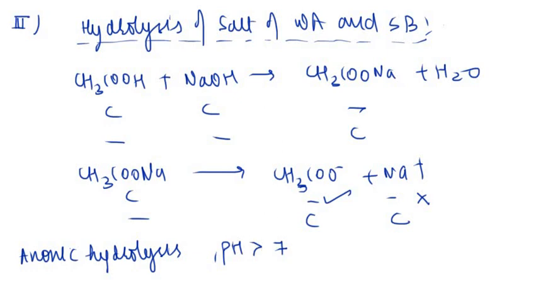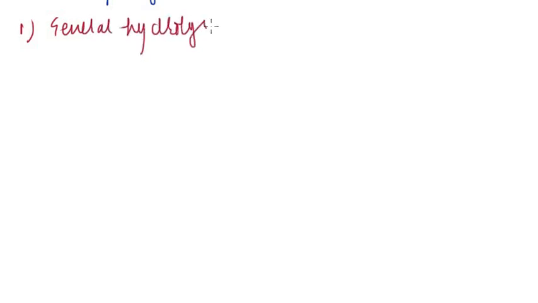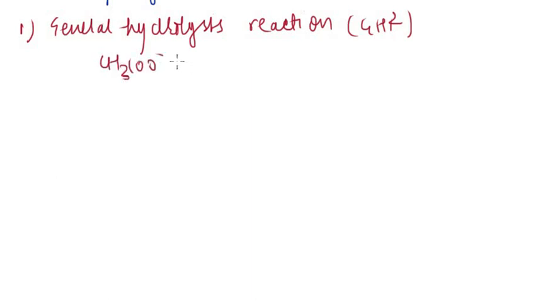As I have told you, every time we calculate the pH, we go through 4 steps. Let's talk about the very first step, the general hydrolysis reaction. That is the part which will be hydrolyzed.